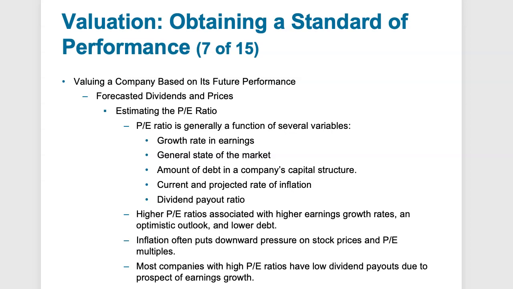But if the company's in a growth mode, meaning that it's saving most of its money to reinvest in the company and take advantage of the growth of the industry, that can also push up stock prices and PE multiples, because growth stocks increase faster in price than income stocks or value stocks.